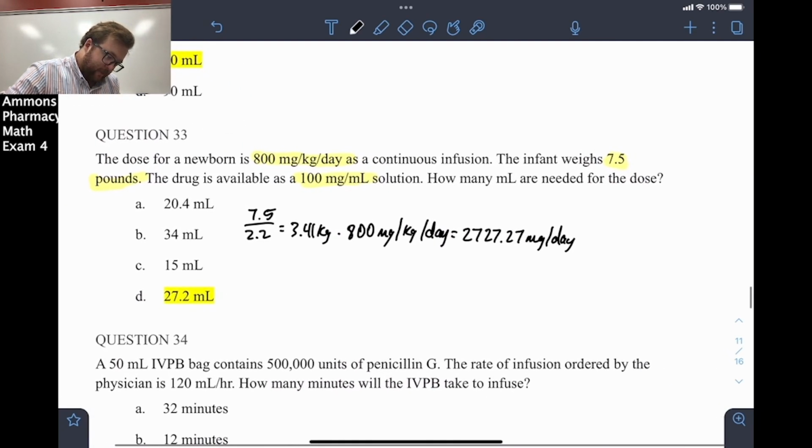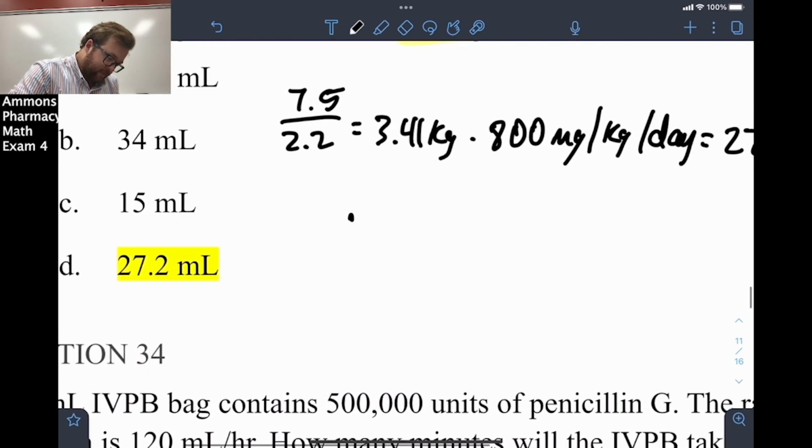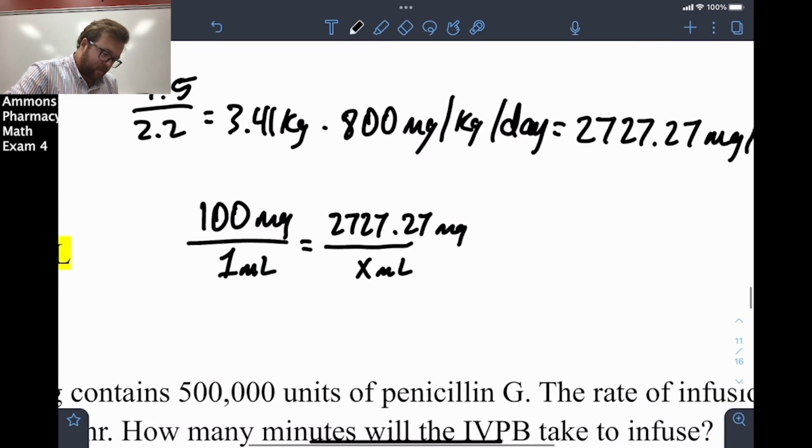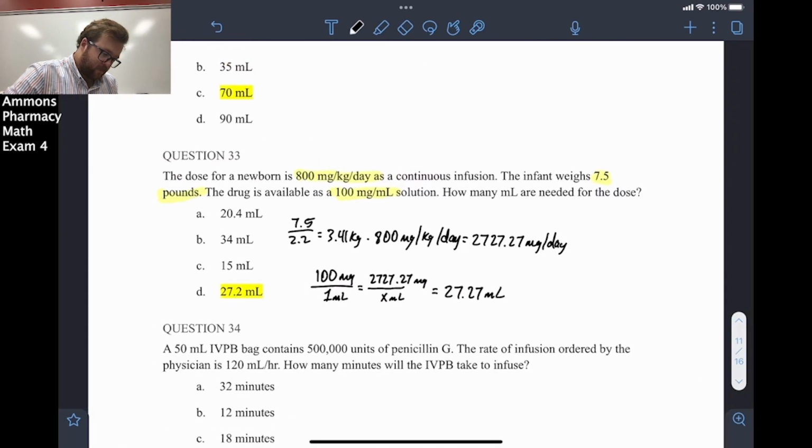And that's how many milligrams per day? 100 milligrams per mil. Boom.